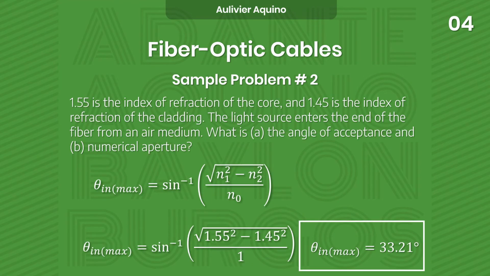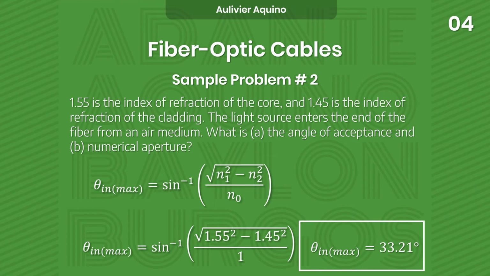Sample problem number 2. 1.55 is the index of refraction of the core, and 1.45 is the index of refraction of the cladding. The light source enters the end of the fiber from an air medium. What is A, the angle of acceptance, and B, the numerical aperture? Let us start with A, the angle of acceptance.